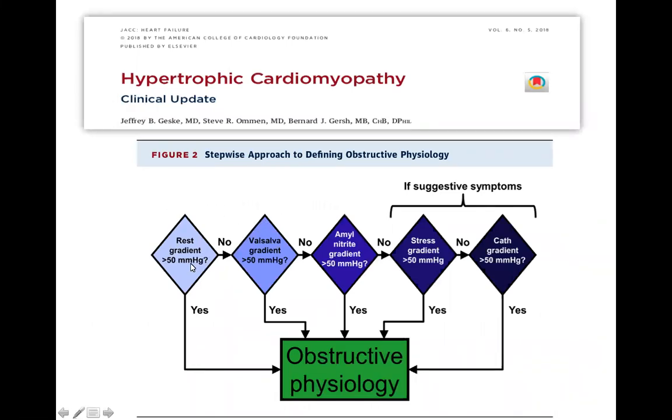If the gradient is more than 50, it is obstructive. If there is no Valsalva gradient, we give a vasodilator to decrease preload and increase the gradient, and if the gradient is more than 50, it is obstructive physiology. If the patient is symptomatic, we do a stress gradient, and a stress or cath gradient more than 50 is obstructive physiology.